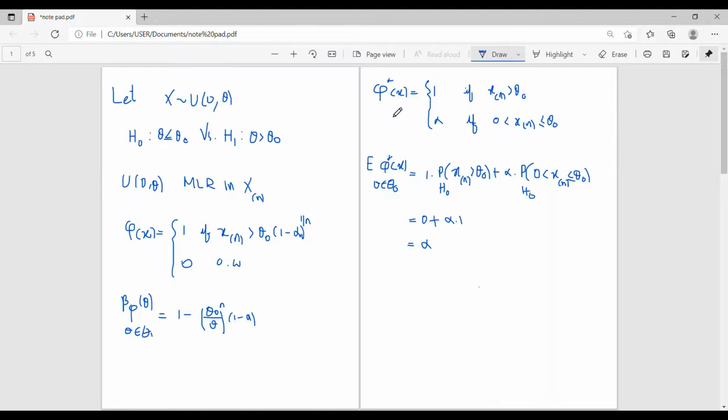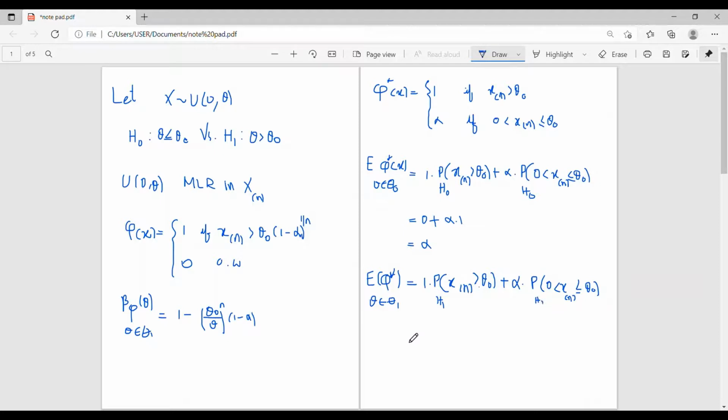Now we will find the power of the test phi star of x. Consider the expected value of phi star under theta belongs to theta 1, which is equal to 1 into the probability that Xn is greater than theta naught under H1, plus alpha into the probability that 0 is less than Xn less than or equal to theta naught under H1.